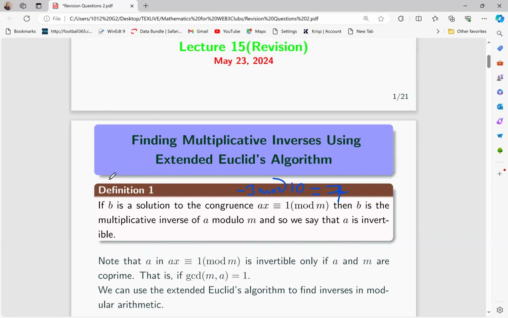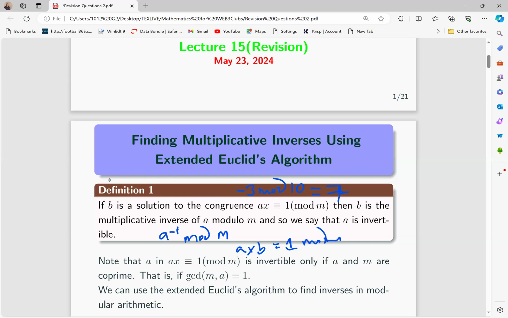The multiplicative inverse of A mod M is denoted like this. If B is the inverse of A, then it means that A times B is supposed to give us 1 mod M. If this happens, then we say that B is the inverse of A or A is the inverse of B.